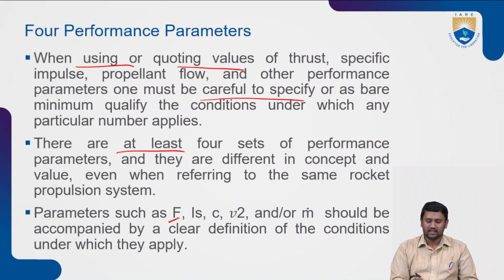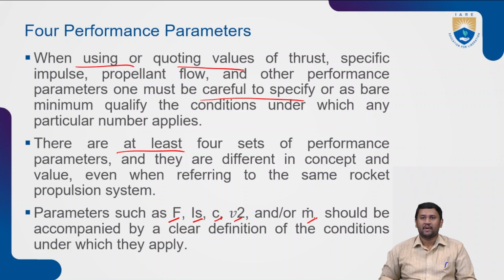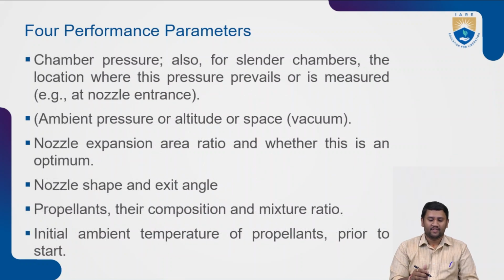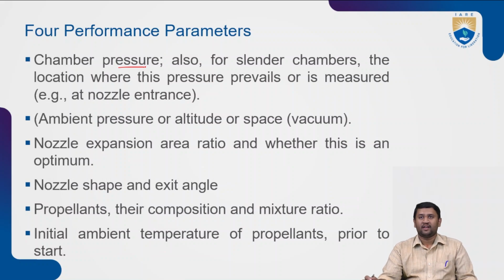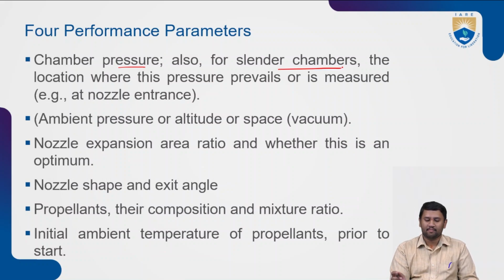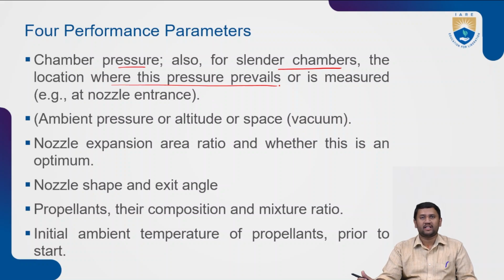Parameters such as thrust, specific impulse, characteristic velocity and exit velocity, as well as the mass flow rate, should be accompanied by a clear definition of conditions under which they are being applied. First one is the chamber pressure, which is also for cylinder chambers, the location where the pressure prevails or is measured, particularly at the nozzle entrance.